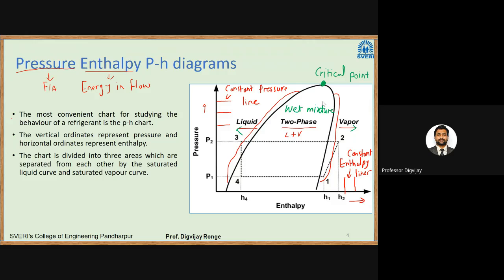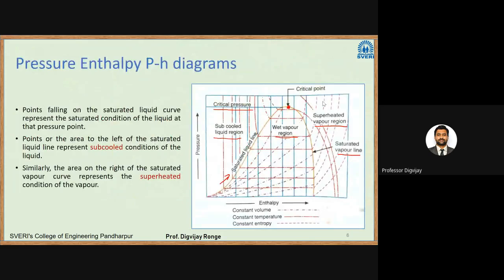So this was the explanation for it, and I will read this. Points falling on the saturated liquid curve represent the saturated condition of the liquid at that pressure. Whatever point lies on this saturated liquid line, these are all saturated liquid points, but at different pressures.